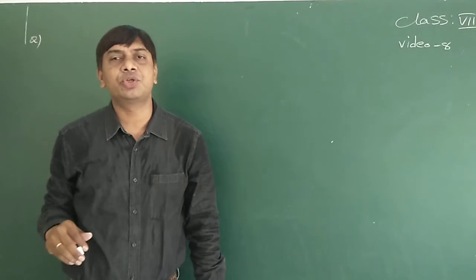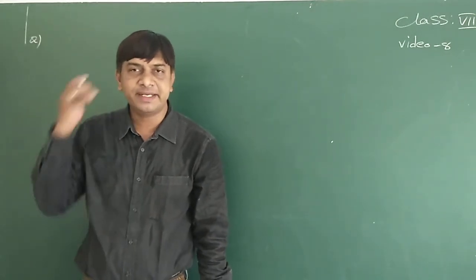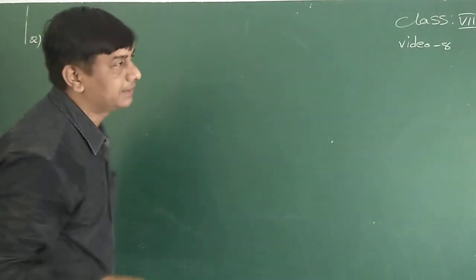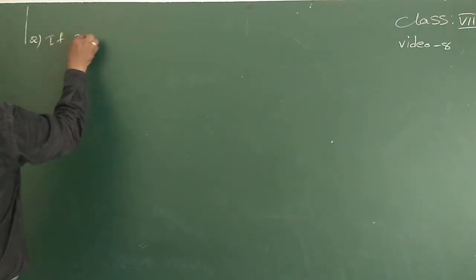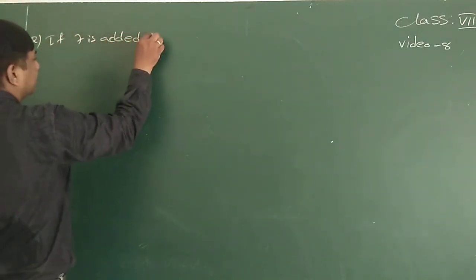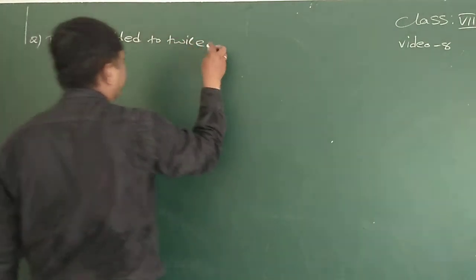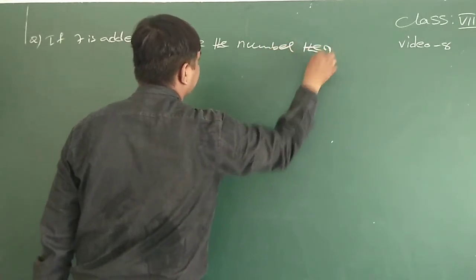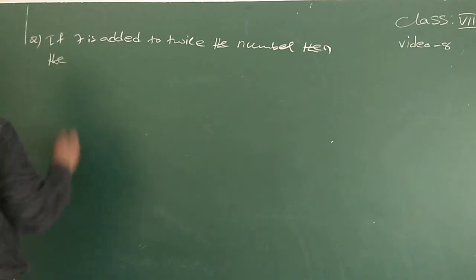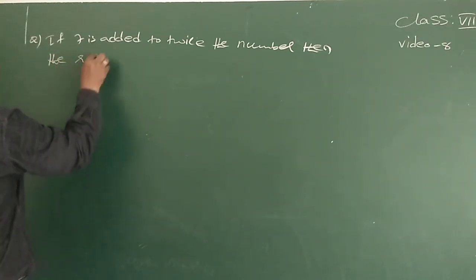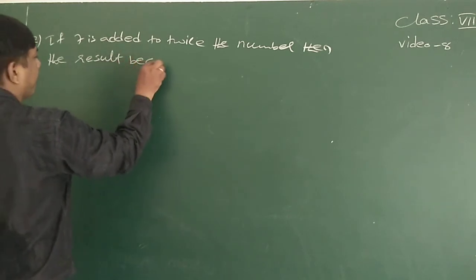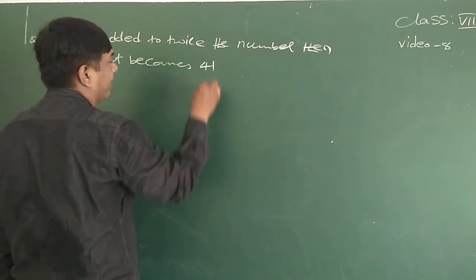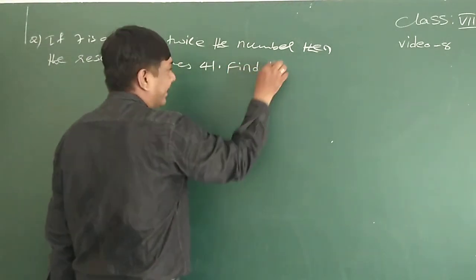If 7 is added to twice a number, then the result is 41.